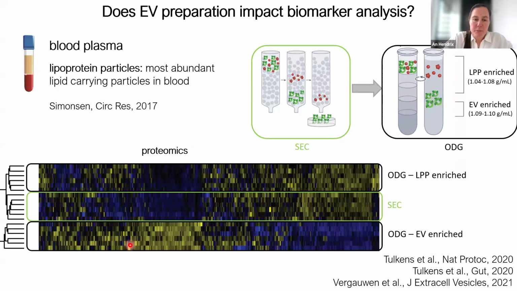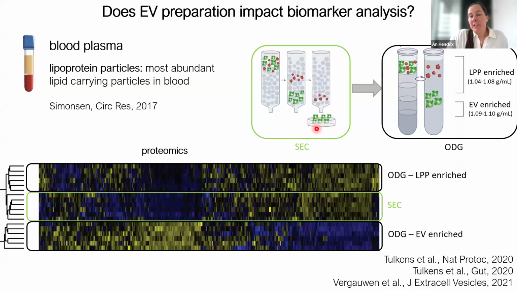If we look at the protein content, we again observe that it's significantly different between the EV enriched fraction that we identify based upon the density gradient, the top fraction of the density gradient, and the protein profile that we retrieve from the fraction that elutes from the size exclusion chromatography column.